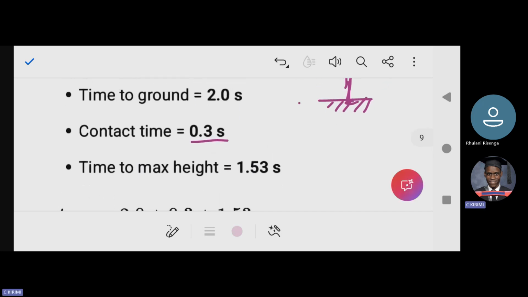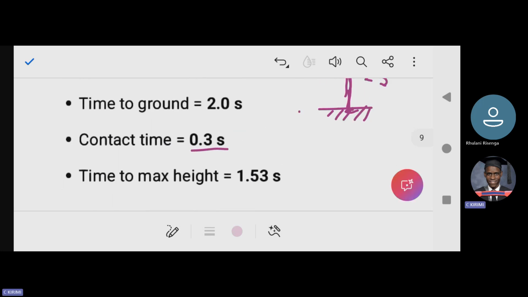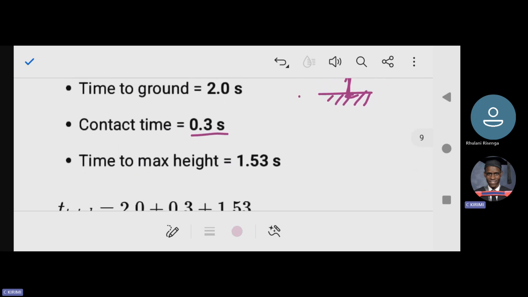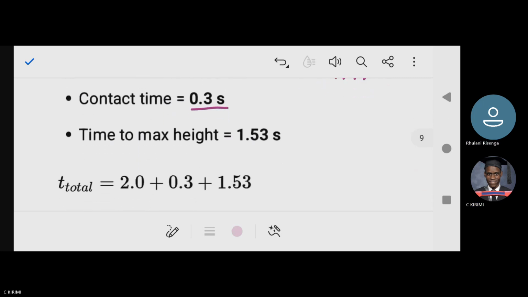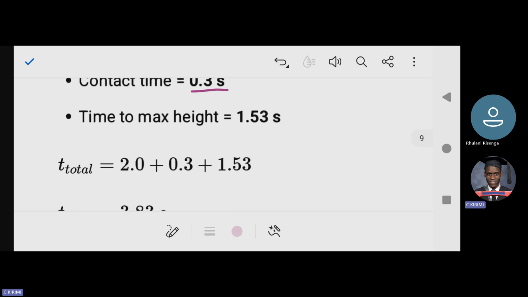And during this time, the balloon is still moving downwards. The balloon is not stationary, it is still moving downwards with that constant speed. So how many seconds has elapsed? 2 seconds plus 0.3 seconds plus 1.53 seconds.